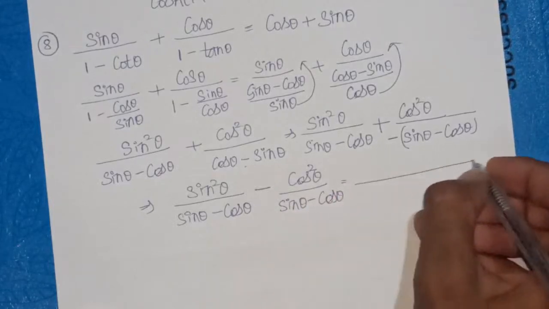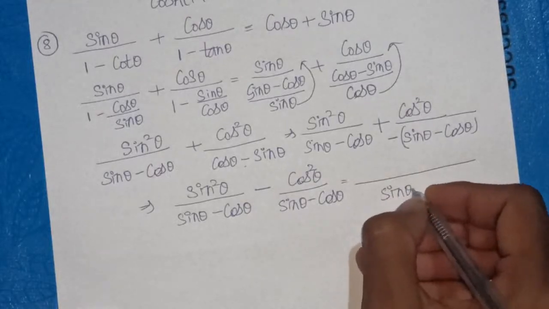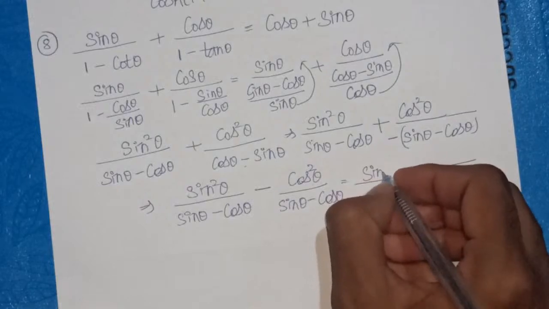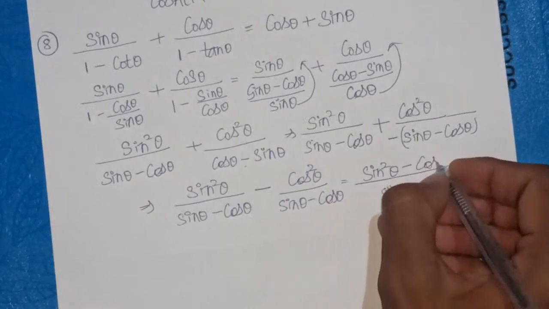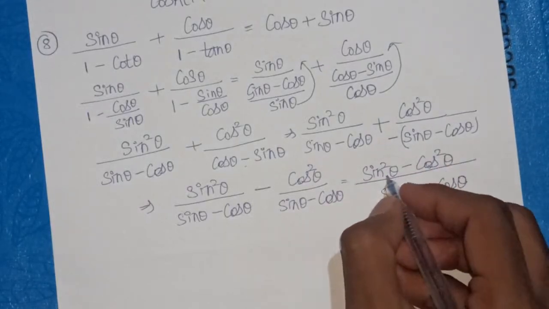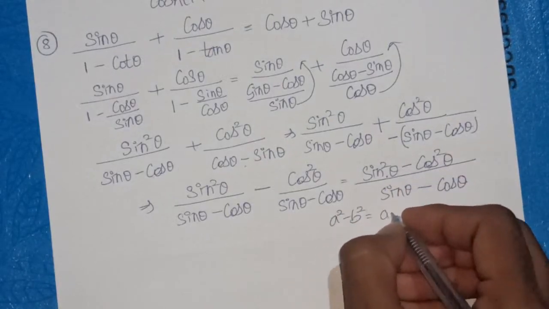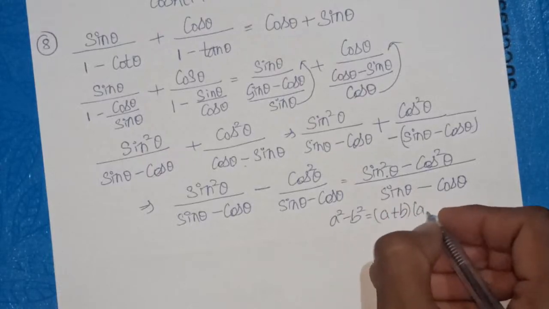By taking LCM, we will be getting sin theta minus cos theta. Here we will be having sin square theta minus cos square theta. Numerator is in the form of a square minus b square, so it can be changed to a plus b into a minus b.